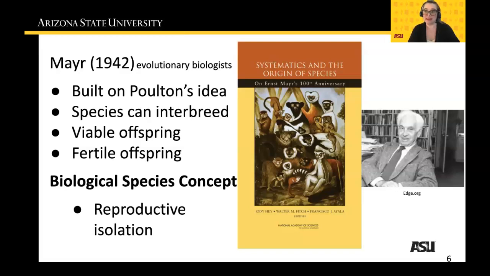Fertility is the ability of an organism to be able to have offspring, and those offspring can have offspring. This is known as the biological species concept. Species can interbreed, forming viable and fertile offspring. A big key to this was through reproductive isolation.